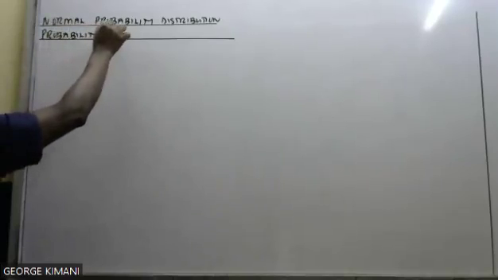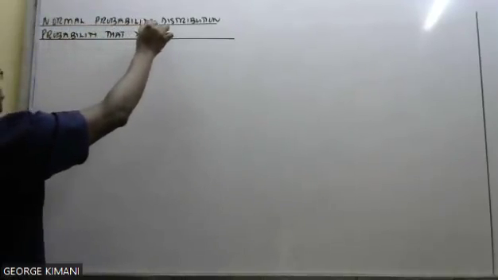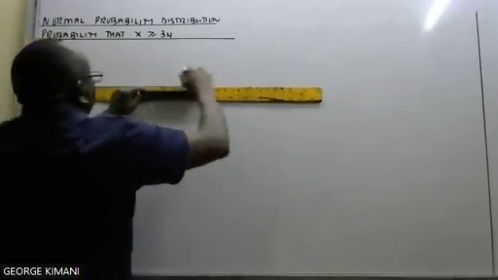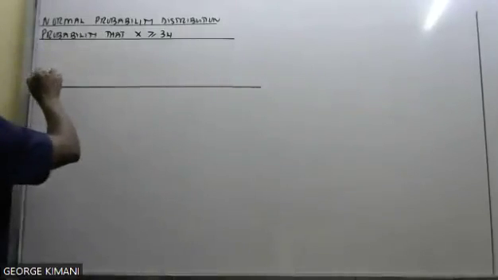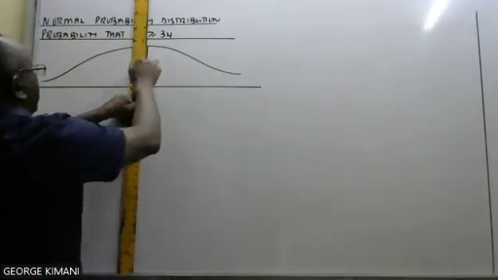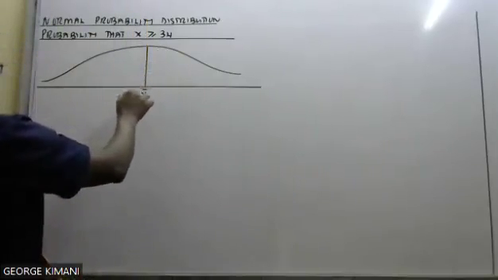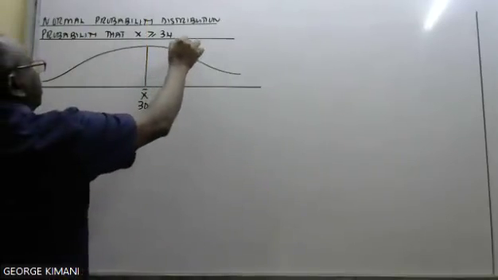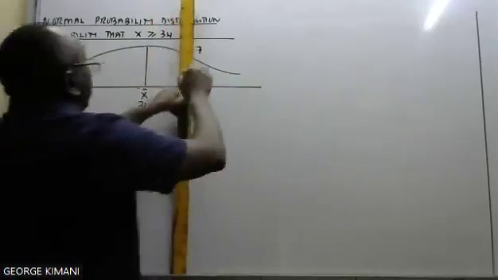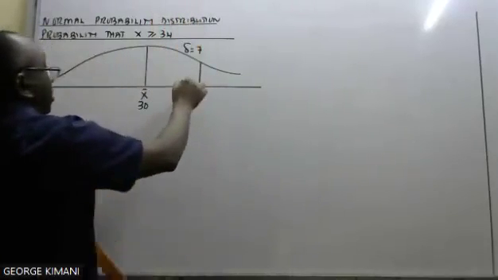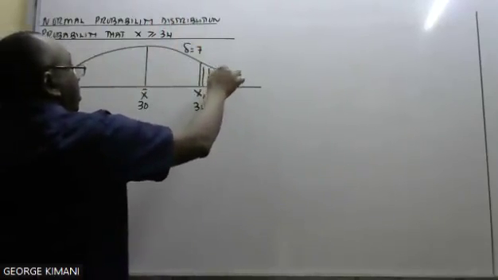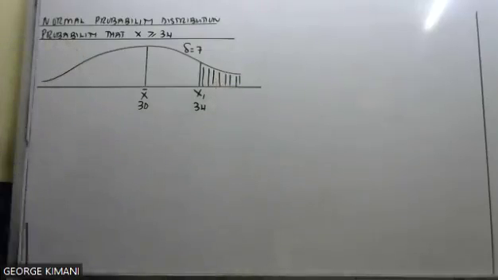Probability that X is greater than or equal to 34, you shall put it here. This is X bar 30. Standard deviation is 7. 34 is somewhere here, X1. So when you're told is greater than, that way.